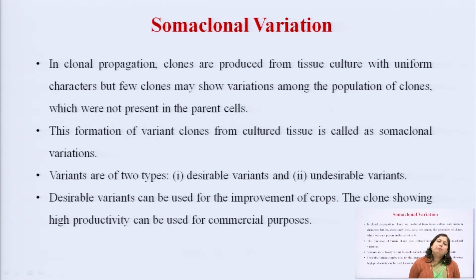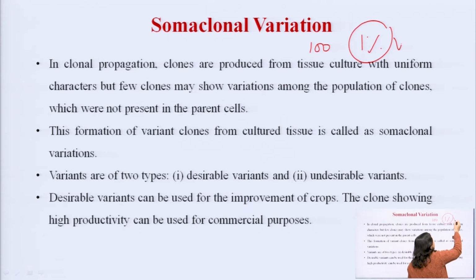However, it is a biological system, and if you are producing around 100 plants or 100 young ones, there is a probability, a 1% chance, that one plant will be of a different property, because it is a biological system. So, there comes a variation.